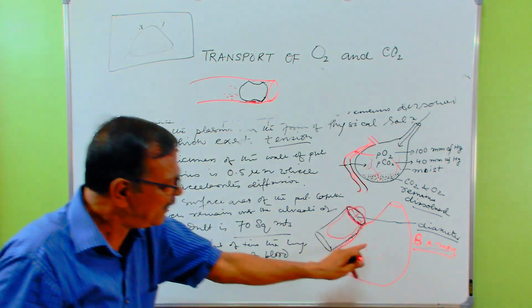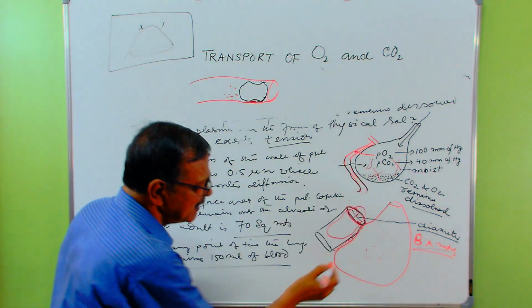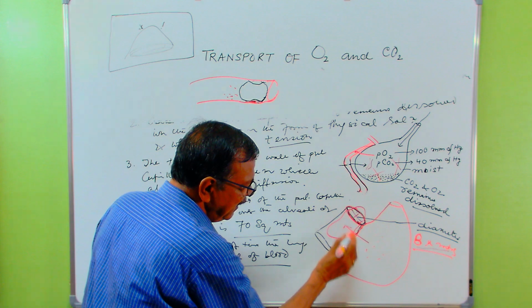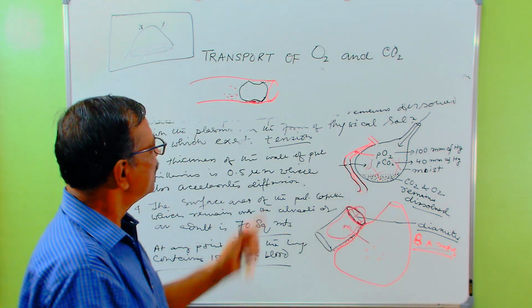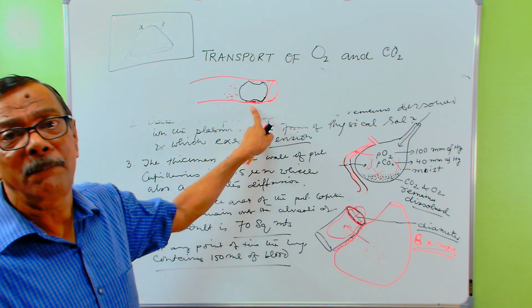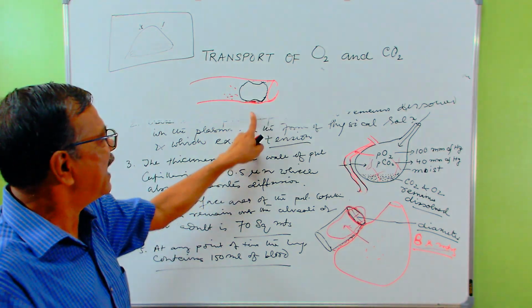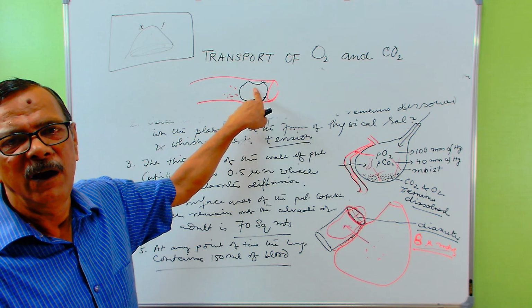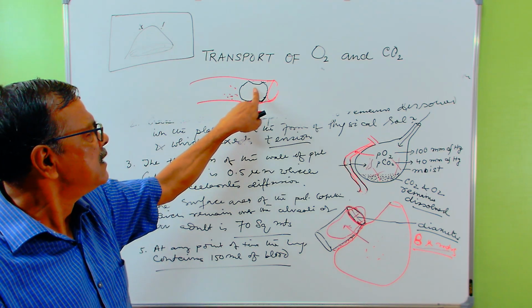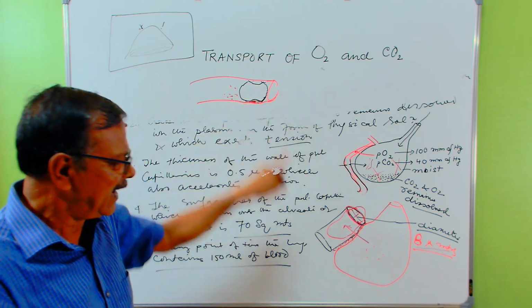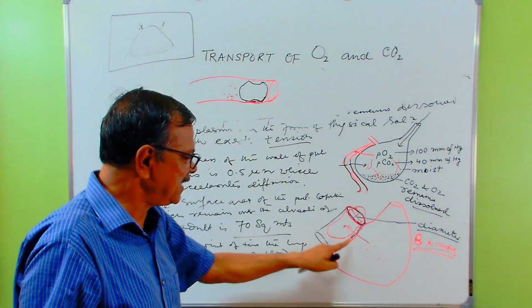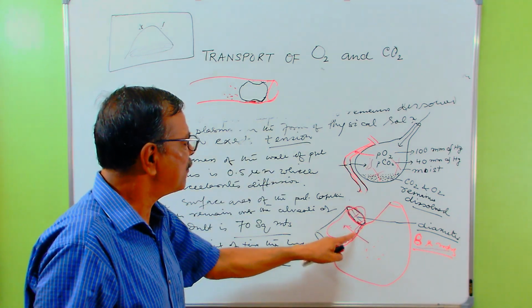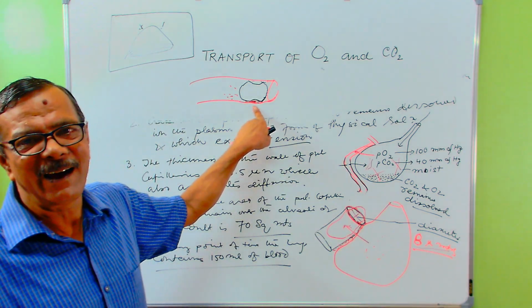So whenever the CO2 and oxygen come in, it does not have to cross the barrier of plasma. It directly enters into the RBC without crossing the plasma.